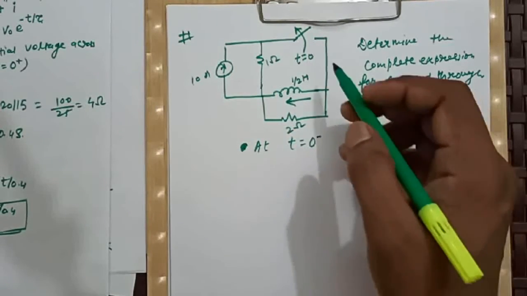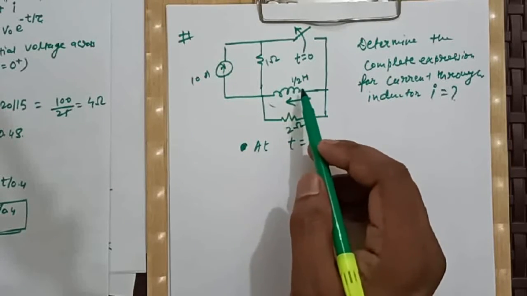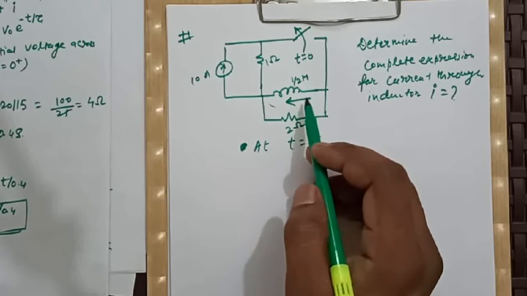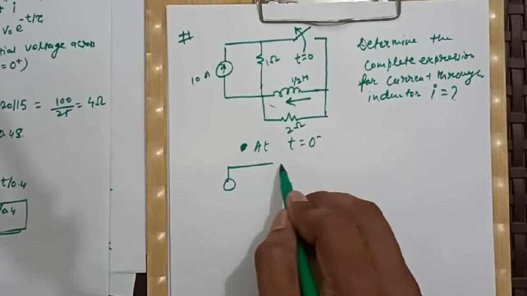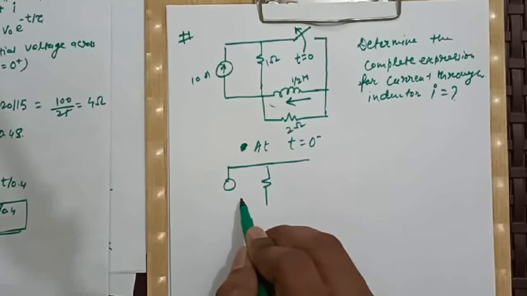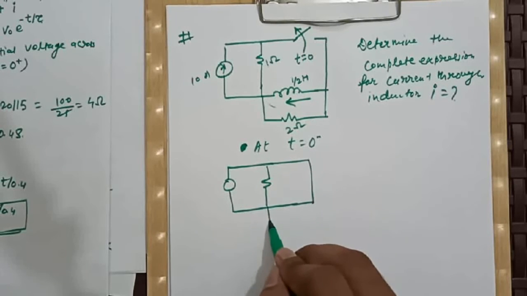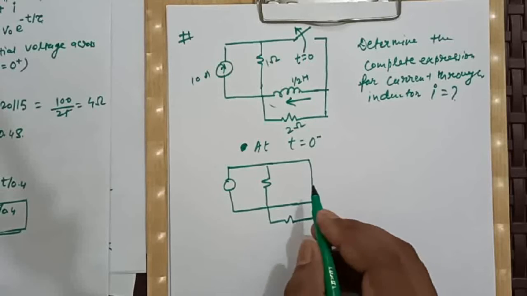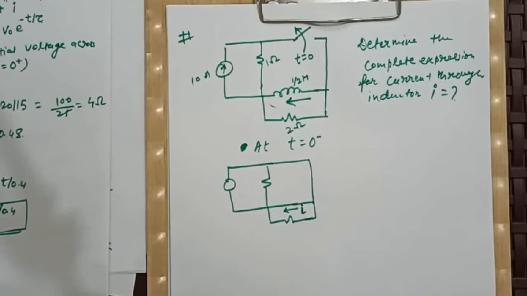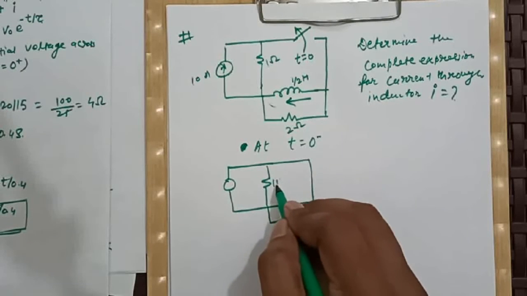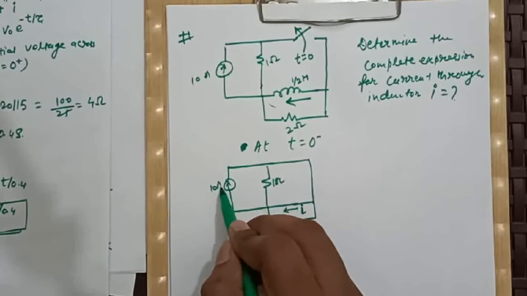As I have already discussed, in a steady state an inductor acts like a short circuit. So in a steady state, if we redraw the circuit, it will look like this, and this will be I, right? This is 1 ohm, this is 2 ohm, this is 10 ampere.